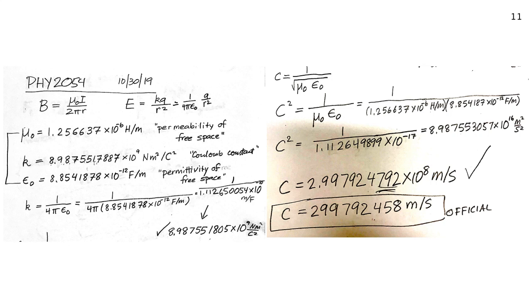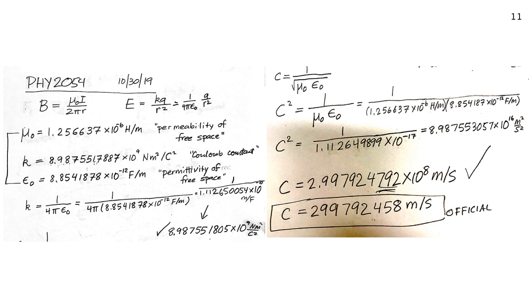Okay. There's another constant, the speed of light, that's related to all of these. And if you did your reading in chapter 24, you're aware of that. All right, so let's see.